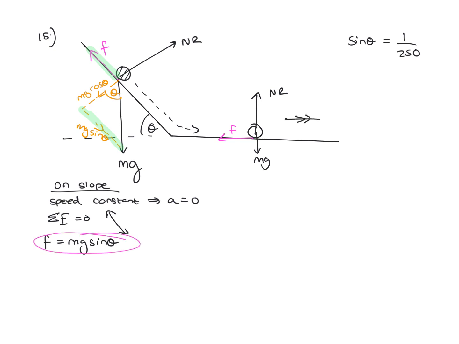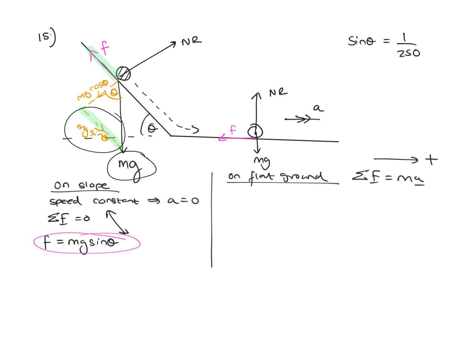So let's now assume, because it's travelling on the flat ground, that we've got an acceleration. So on the flat ground, let's apply F equals ma, going to the right as positive. So of course the force of gravity and this component here pulled the truck down the slope, and it had constant velocity as it travelled down the slope.